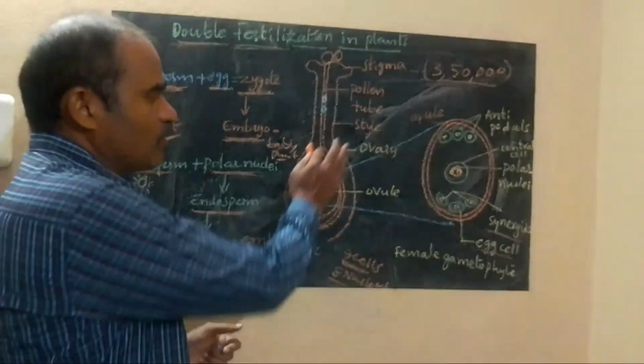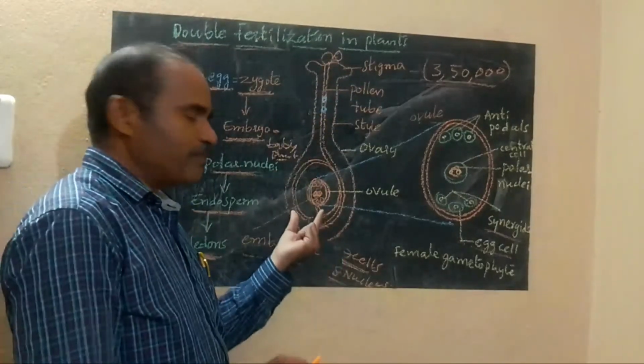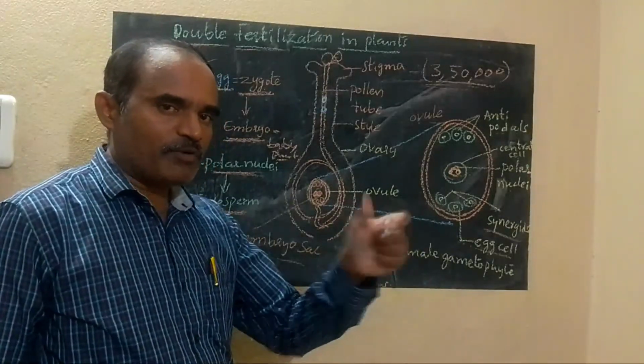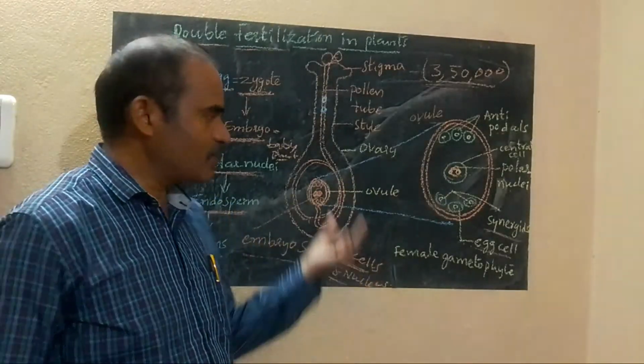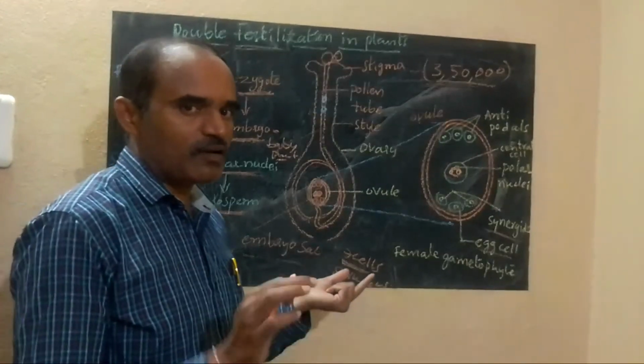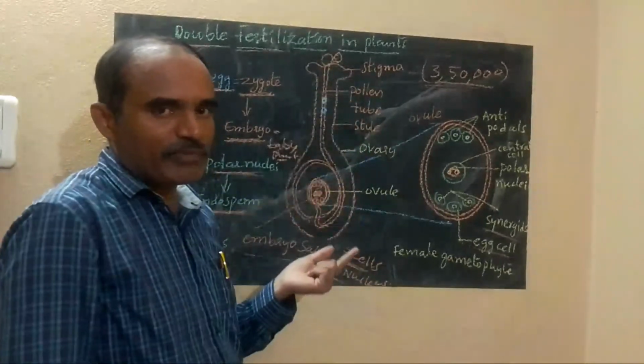Now the reproductive parts of the flower are the stamen and pistil. Let us discuss the pistil. Pistil is also called carpel, and it has three main parts.